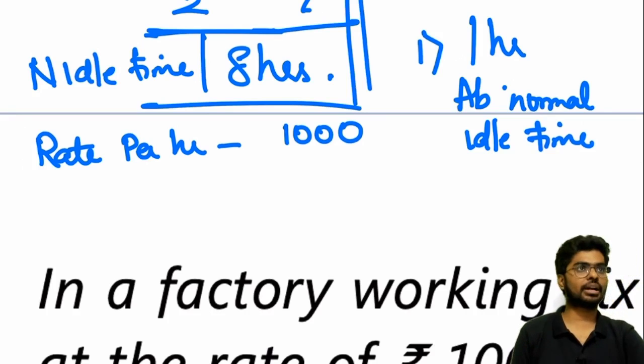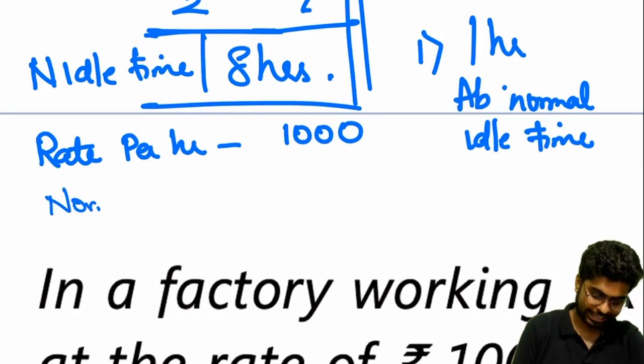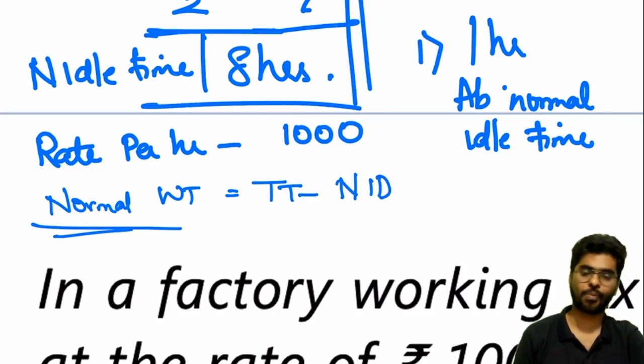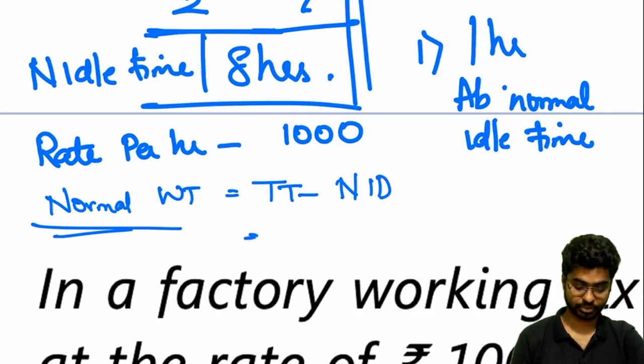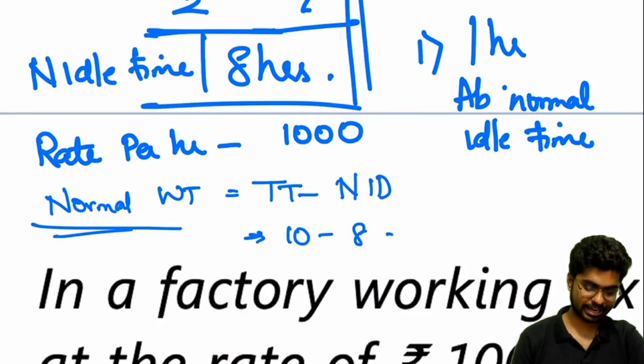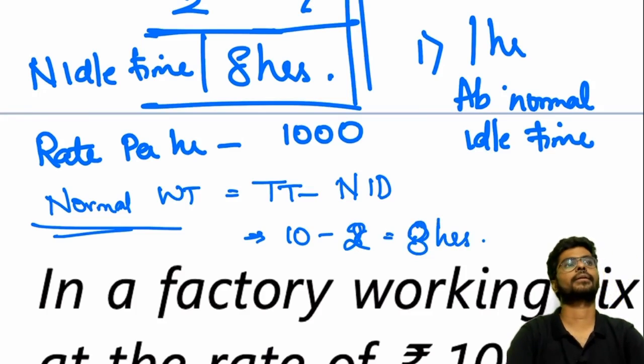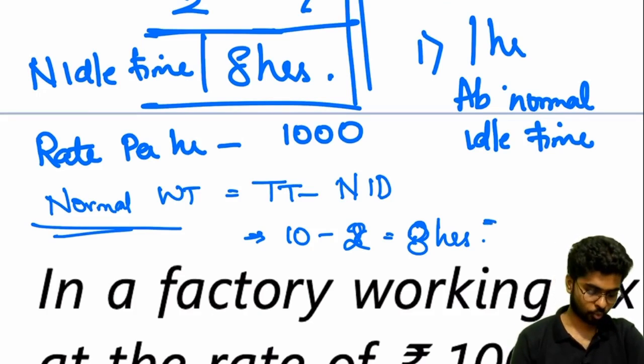Rate per hour. What was my normal working time? Normal working time will be total time minus normal idle time. That will be how much? 10 minus 2, which is 8 hours.